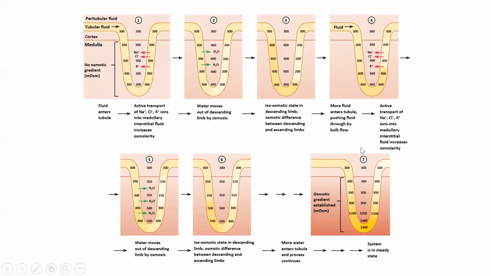So we can see here that the whole point of this gradient is so that now at the end of the loop of Henle, the osmolarity of the tubular fluid is less than 300, which is less than the osmolarity of plasma. And remember, we said in order for water to be reabsorbed, there must be an osmotic gradient between plasma, where that water is going, and the tubular fluid, where that water is coming from, right? So now we have an osmolarity gradient so that water can move.